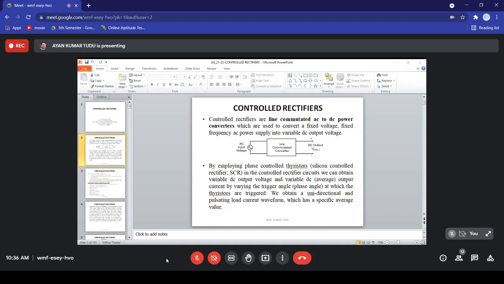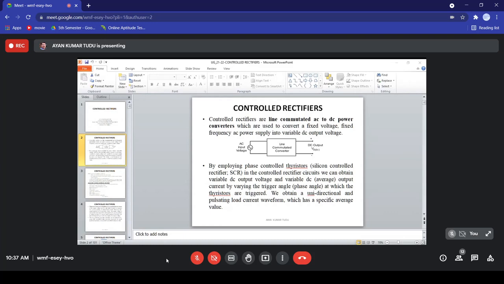The thyristor current and the load current will begin to flow when the thyristors are triggered, that is, when they are turned on. We'll see it later, say suppose at omega t equal to alpha. The load current will be flowing when the thyristors are conducting from alpha to beta. Beta, that is omega t equal to beta, is the angle at which the load current falls to zero.